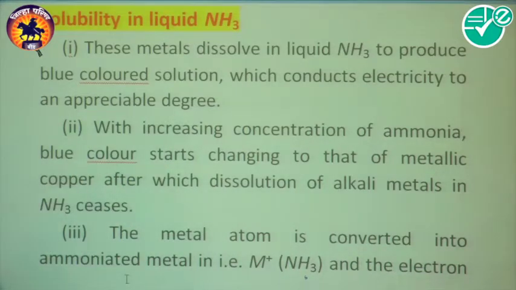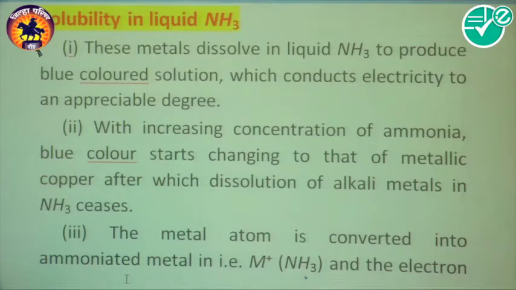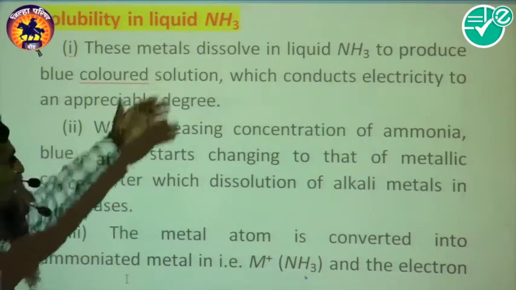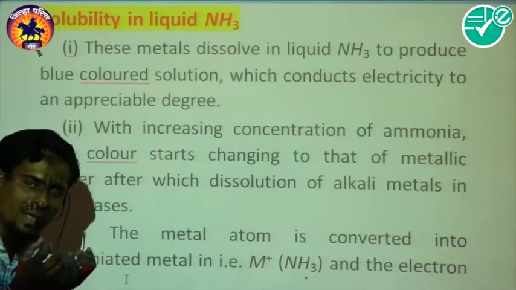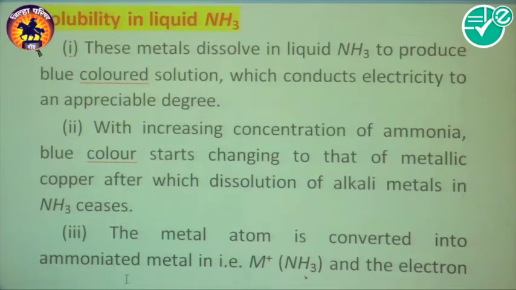That's why the solution becomes paramagnetic because of the free electron, and they show color because they absorb radiation in the visible region. That's why they show blue color to the solution.